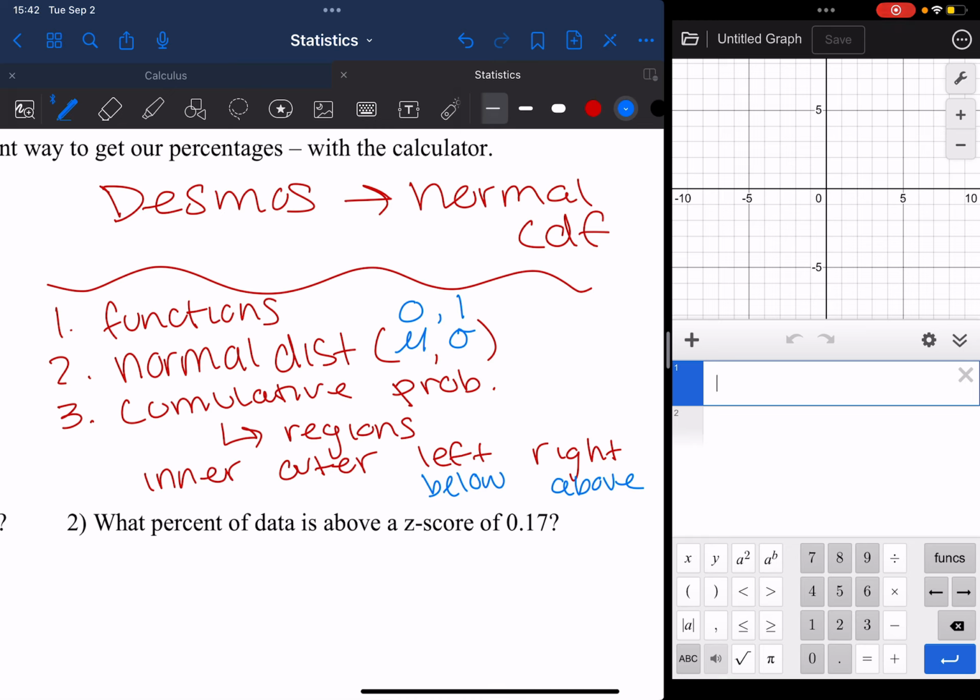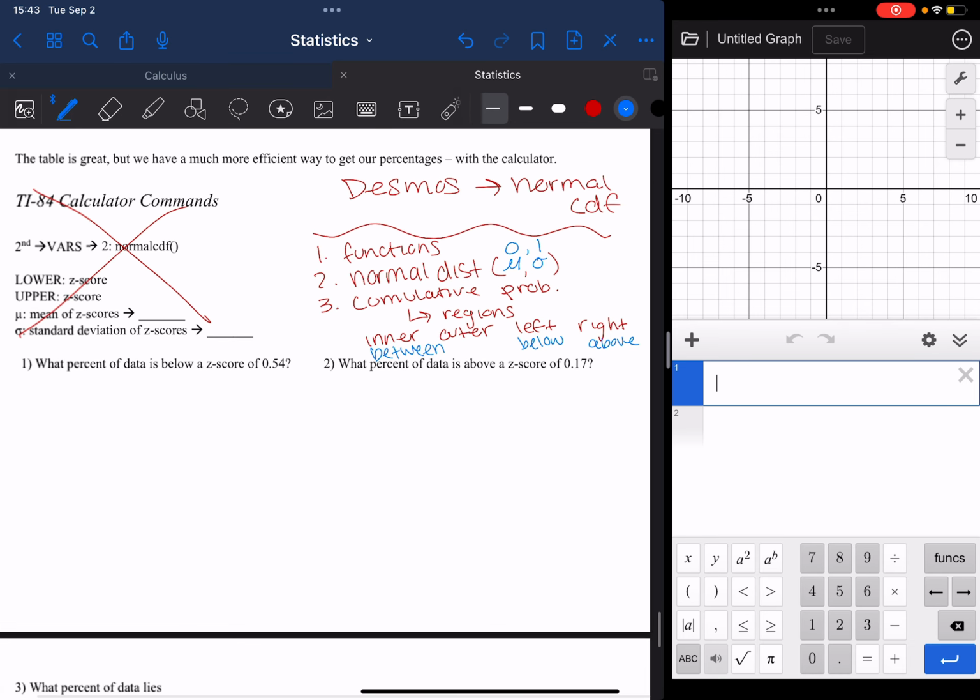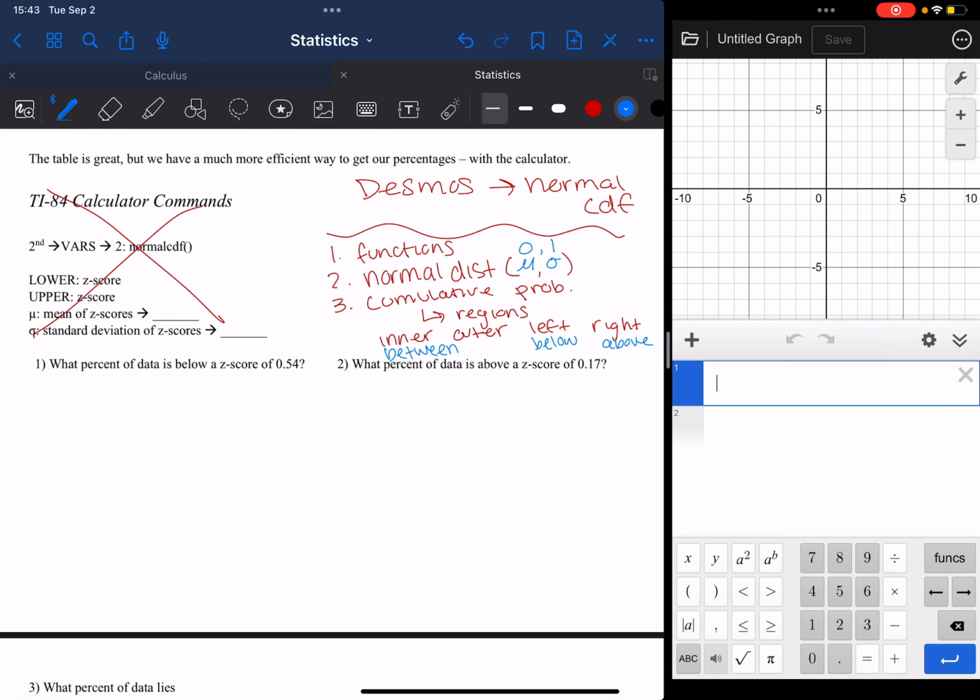And then for the region inner, it's going to say, is your z-score between these 2 values? So looking at these examples, the first one says what percent of data is below. So that means when we find the region, we're going to look at the left.